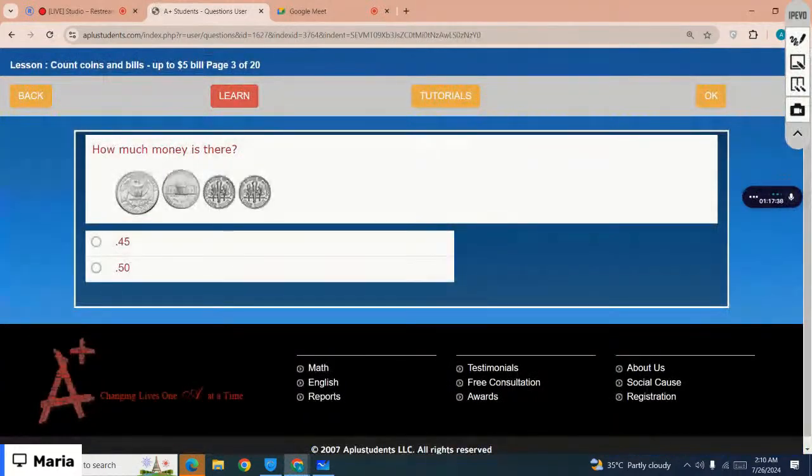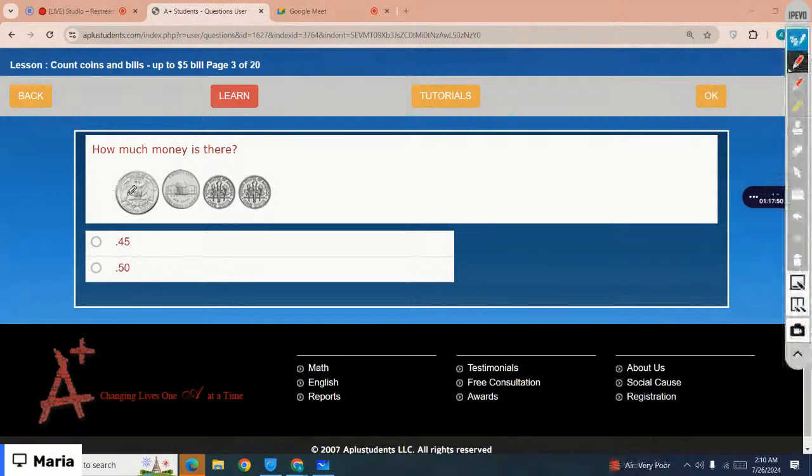Okay, how much money is there? For this one, that is 0.25, right? Then 0.10 and 0.10, and 0.05.